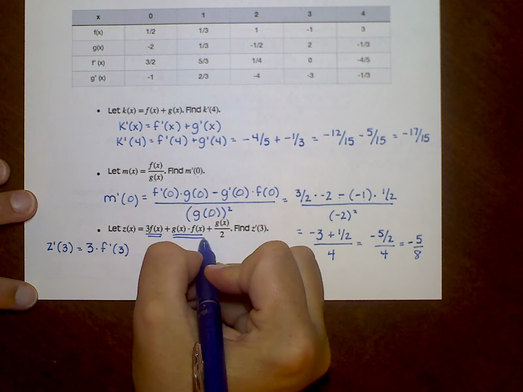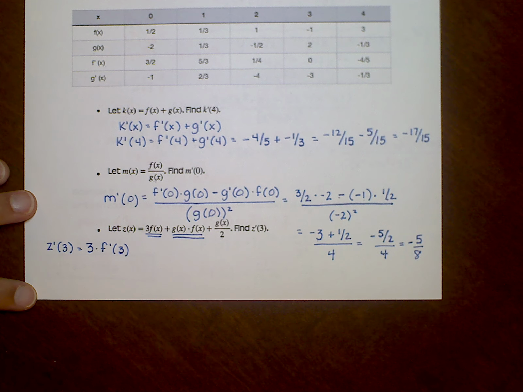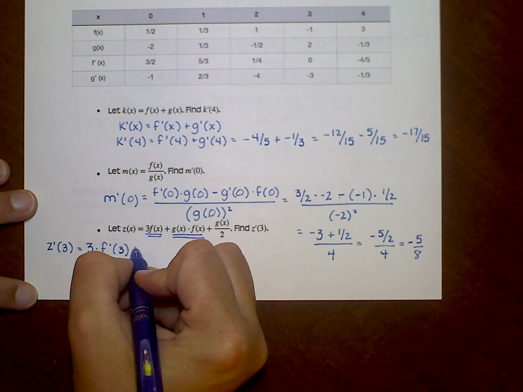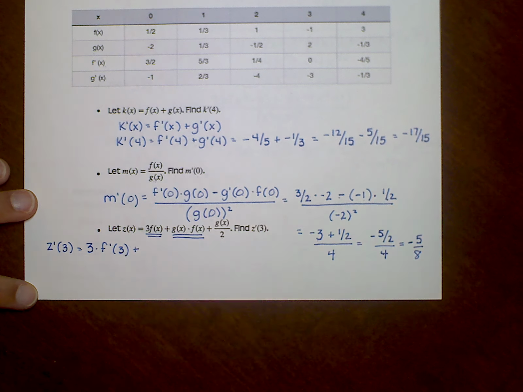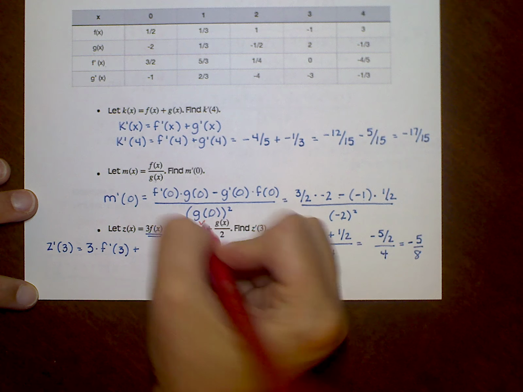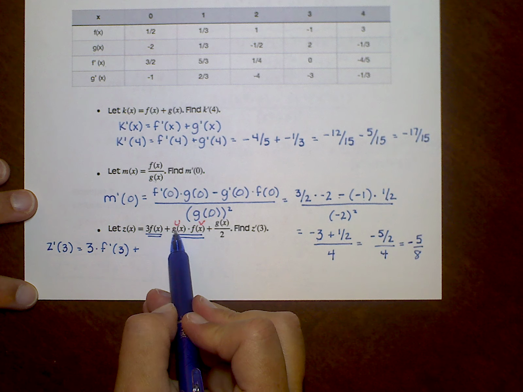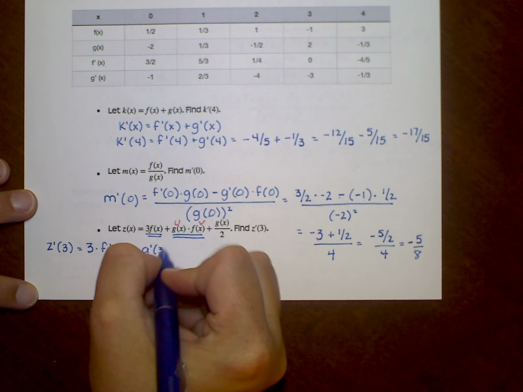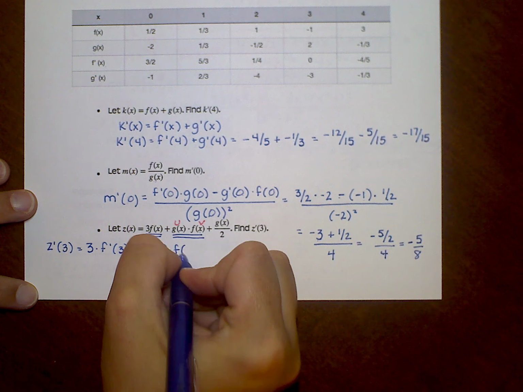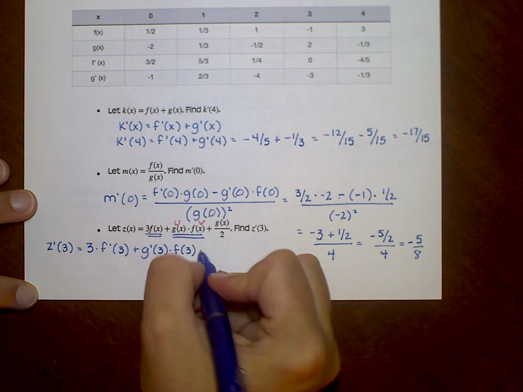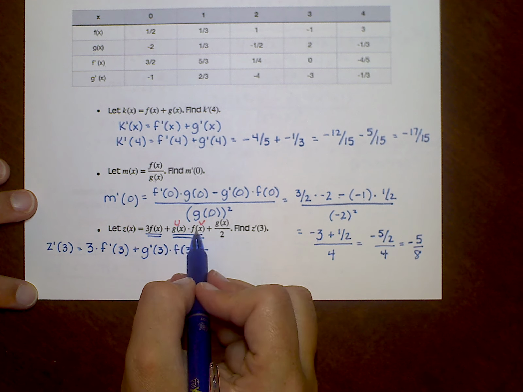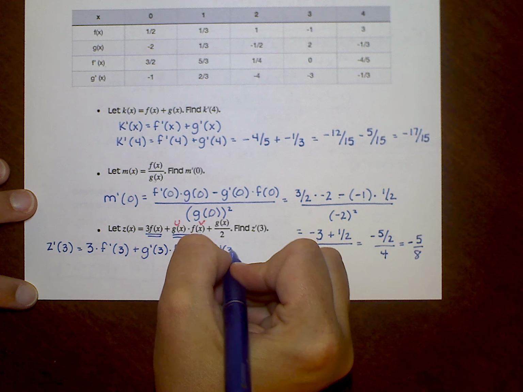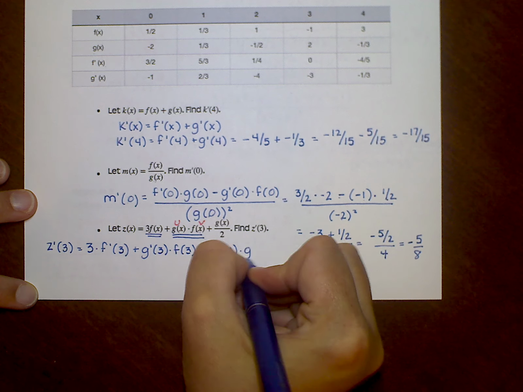This is product rule, okay? So this is going to expand quite a bit here. I'm going to do, this is my u and this is my v. So I'm doing u prime v, so that's g prime of 3 times f of 3, plus v prime u, so f prime of 3 times g of 3.